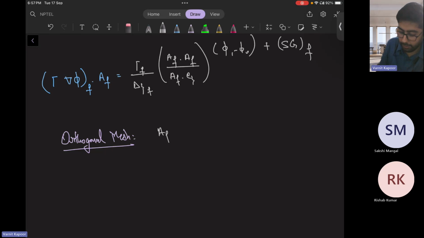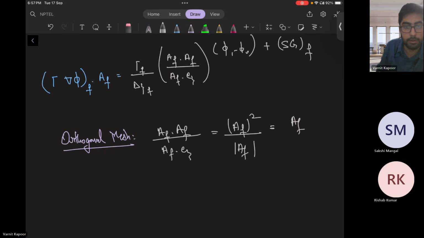Then how can I write AF dot AF? First of all, you tell me like this. AF dot E zeta can be written as AF square over AF magnitude, which is equal to nothing but AF. I can write it like this, right?